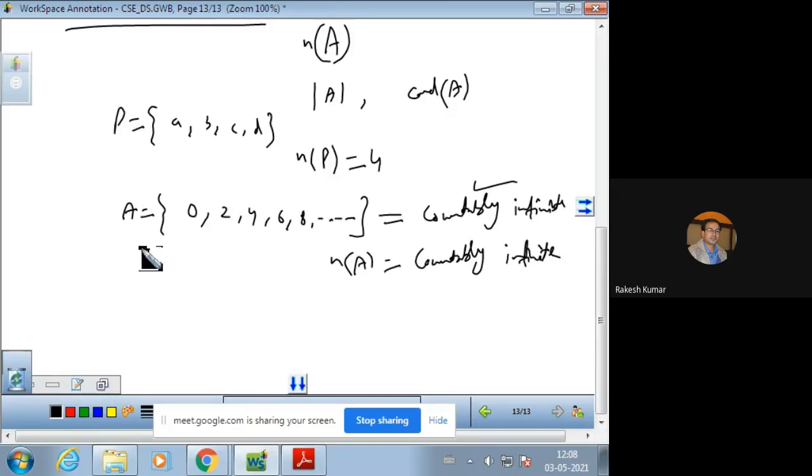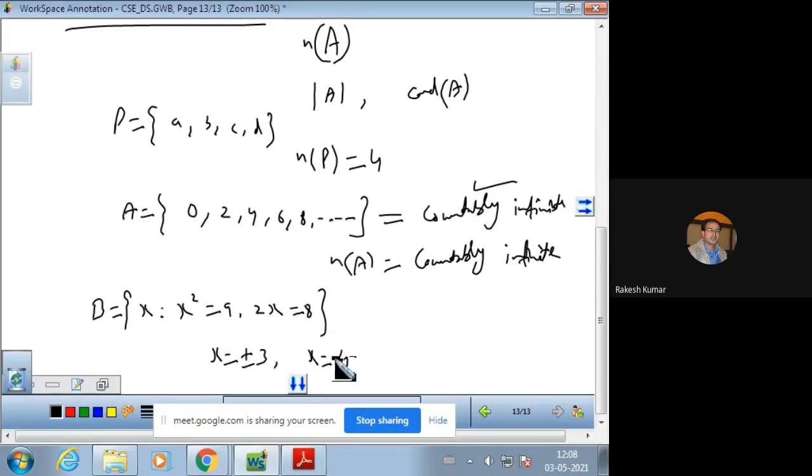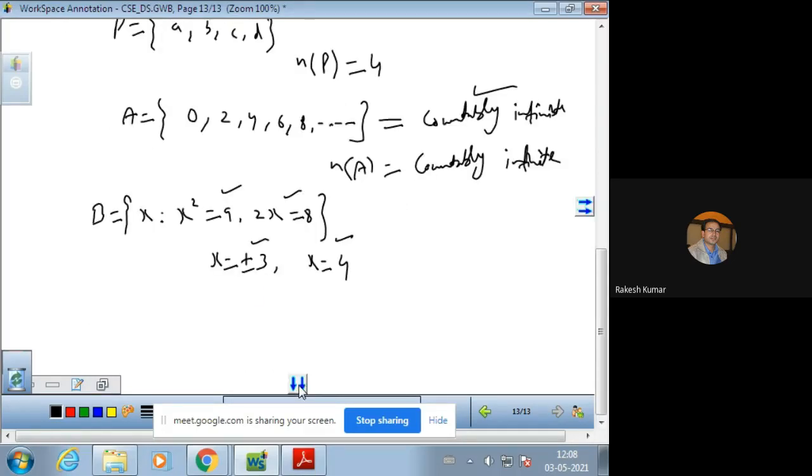Suppose we have a set in roster form, that is {x such that x square is 9 and 2x is equal to 8}, and the name of the set is B. You know that x square equal to 9 means x equal to plus minus 3, and 2x is equal to 8 means x is equal to 4. Now in the set B, we have two equations, and the solutions of these two equations are x equal to plus minus 3 and x equal to 4, but both are not possible together.